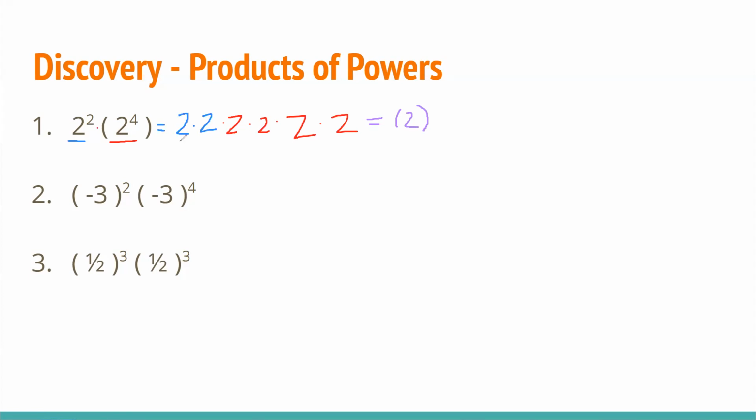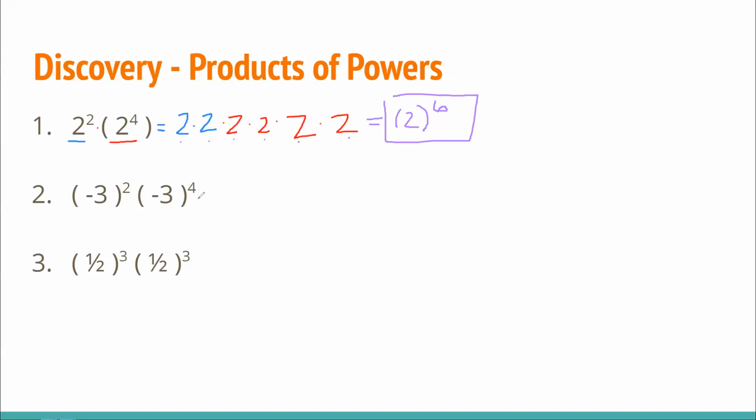Now I just need to count how many 2's I have. 1, 2, 3, 4, 5, 6. So my exponent is going to be a 6, and that's going to be my answer, 2 to the 6th power. It's simplifying it so you only have to look at one exponent and not 2. We're combining them, and we can combine them because they have the same base. These both have a base of 2.